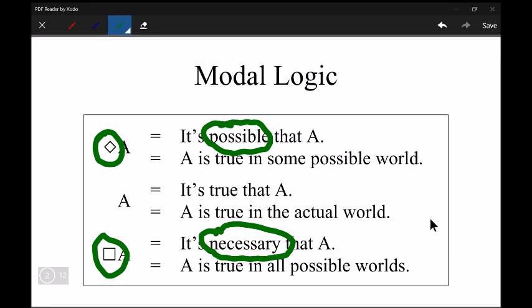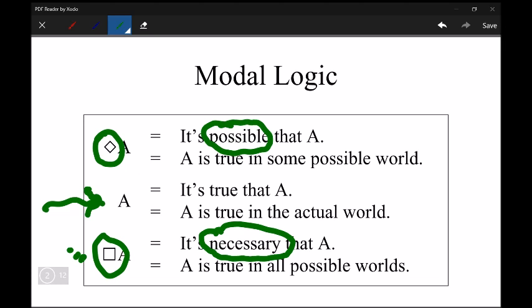So you could be true. That's just A. But you could make a weaker claim that it's possible that A is true. You're not saying that it is, but just that it could be a very weak claim. Or you could make a very strong claim that it's necessary that A. It has to be, not only is it true, but it has to be true.